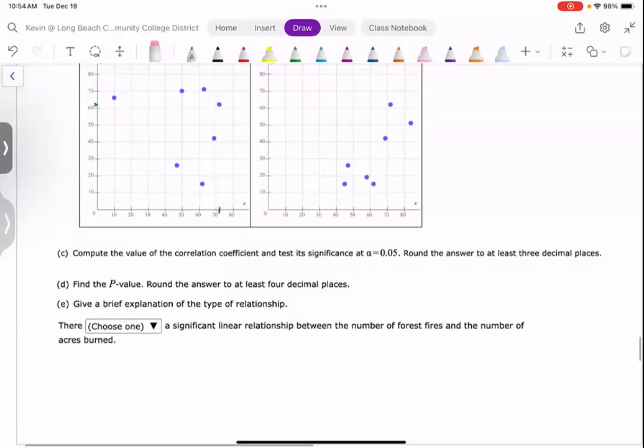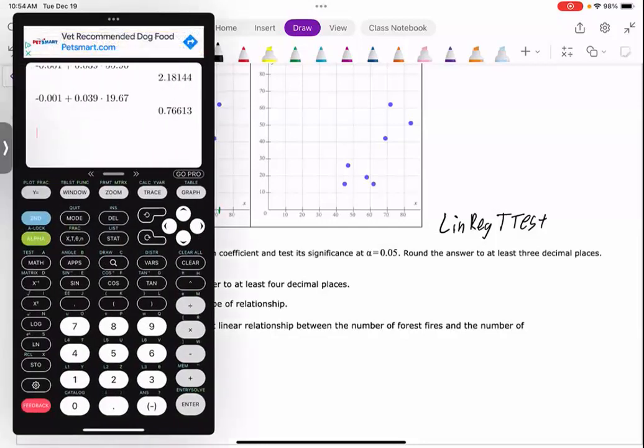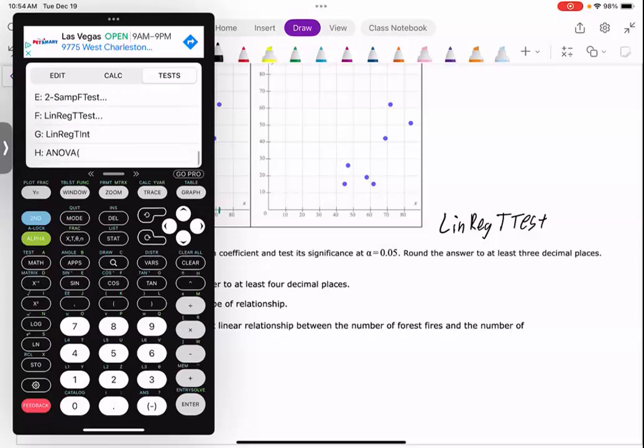Okay, so to find the correlation coefficient, we're going to use the linear regression t-test. Mine are again in list 5 and 6. So stat, tests, and it's way down towards the bottom. Linear regression t-test, there it is.